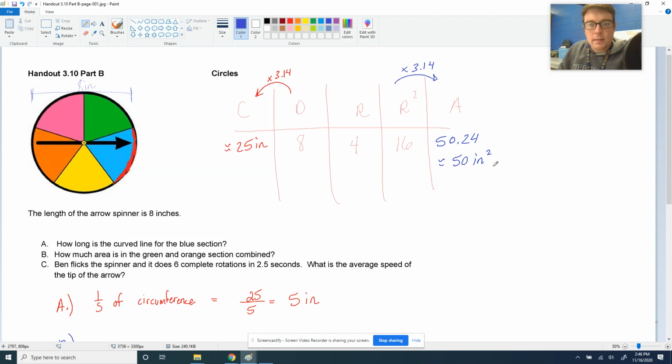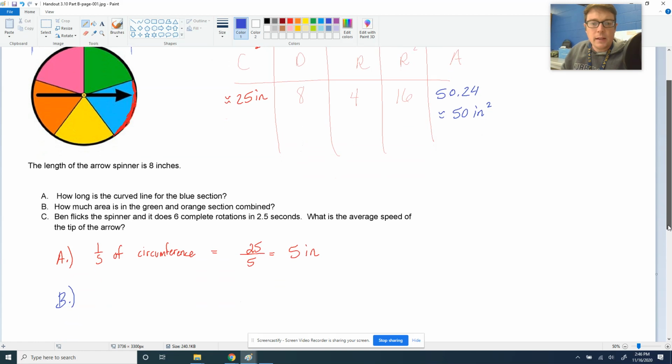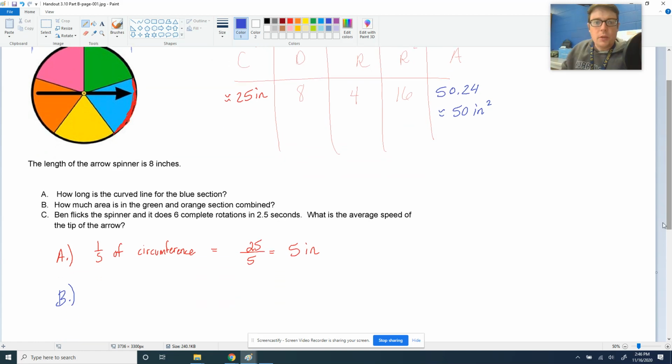Now, that's a nice number for us because this circle has been split up into 5 parts. And technically, the green and the orange would not be 1/5 of the area. It would be 2 out of the 5. So this would be the same as 2/5 of the area. And we know that the area is 50, so all we have to do to get this answer is multiply 2/5 times 50.